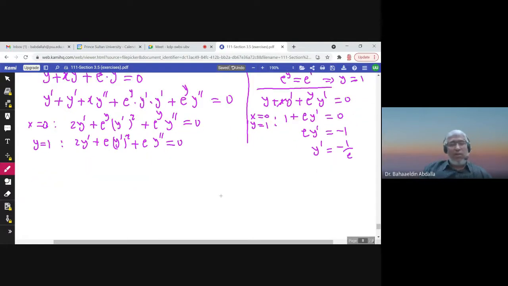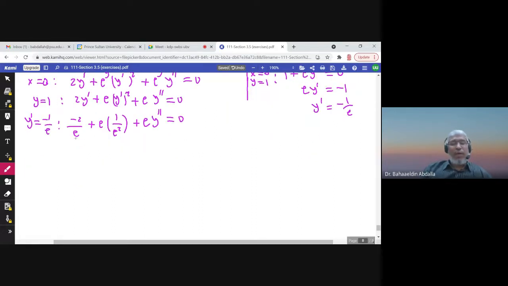All right. So put here y prime negative 1 over e. So 2 times negative 1 over e plus e times y prime squared, which would be 1 over e squared, isn't it? Okay. Plus e y double prime equals 0. Well, this is negative 2 over e plus 1 over e, so in fact it is negative 1 over e.